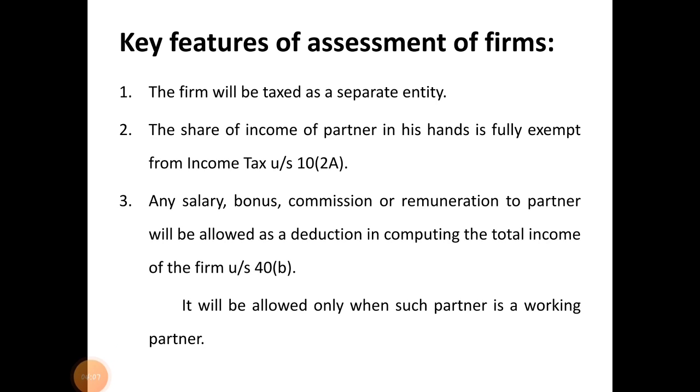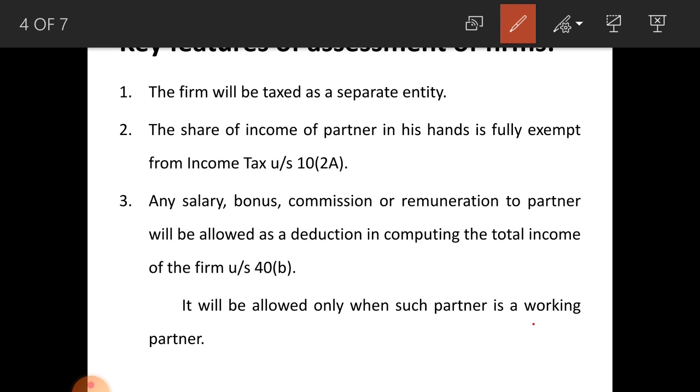Any salary, bonus, commission or remuneration should be allowed as a deduction while computing total income, as these are expenses to the firm and are taxable in the hands of partners individually. And for allowing the deduction, such partners must be working partners of the firm.